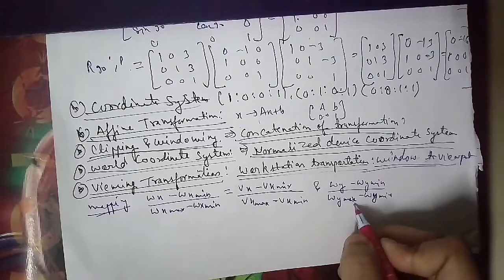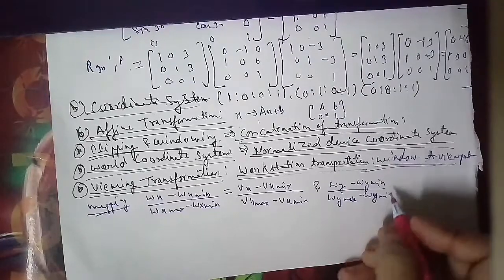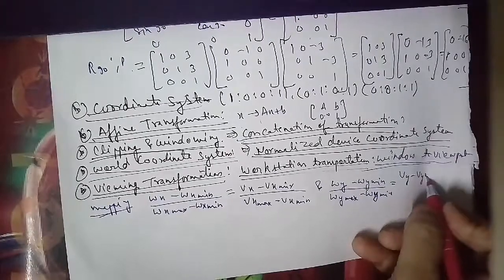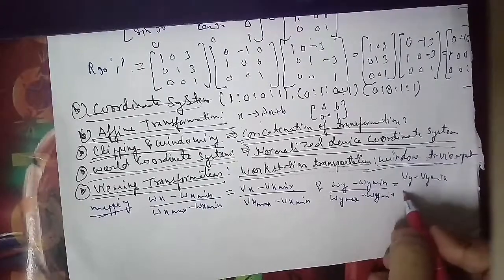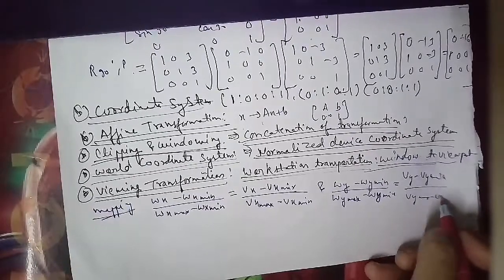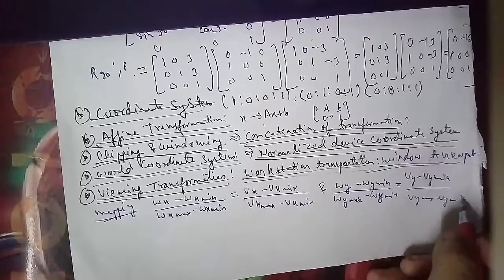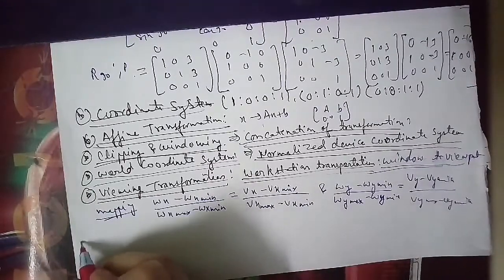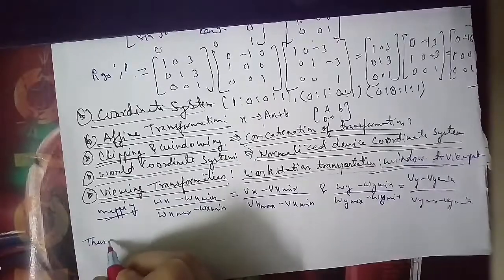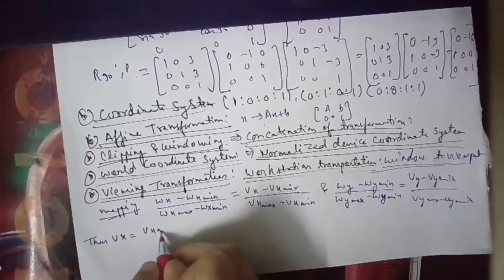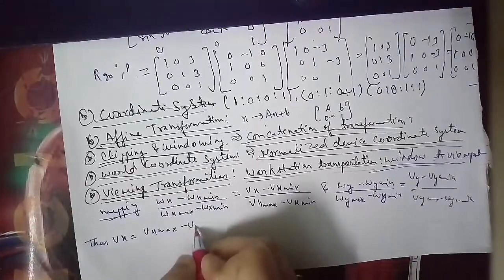And Vy equals (Vy max minus Vy min) upon (Wy max minus Wy min) times (Wy minus Wy min), plus Vy min.